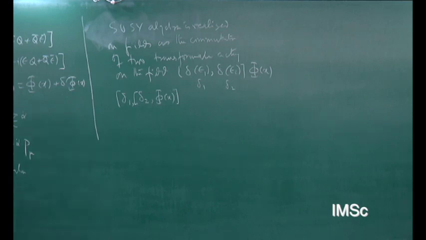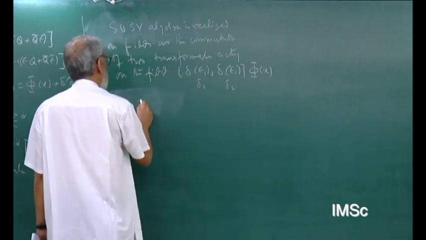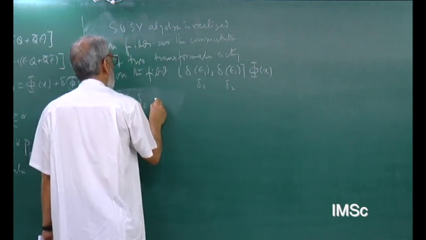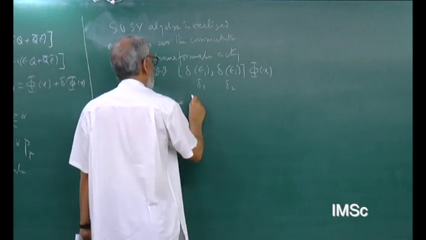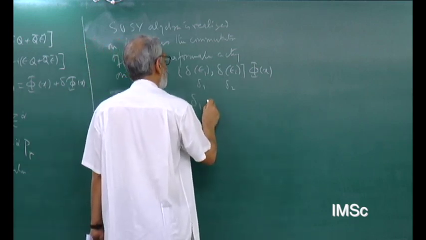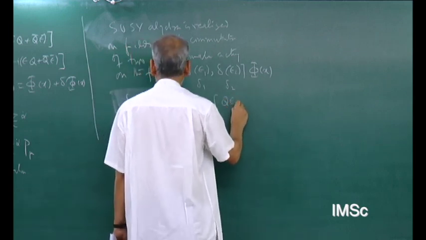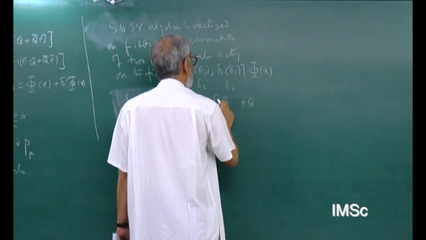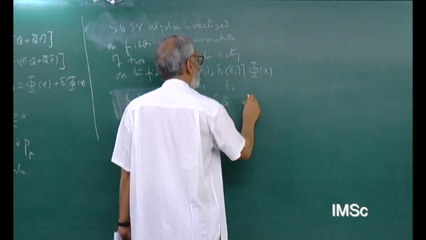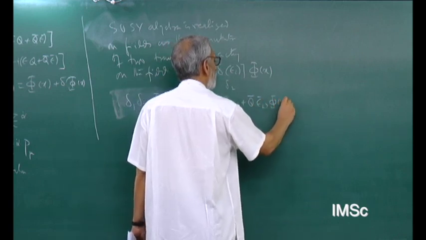So let me make two transformations in succession, delta 2 and delta 1 on phi of X. Delta 2 on phi of X is i times the commutator of epsilon 2 Q plus Q bar epsilon 2 bar with phi of X.